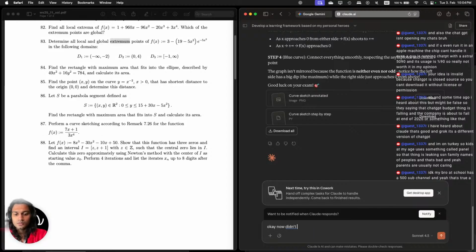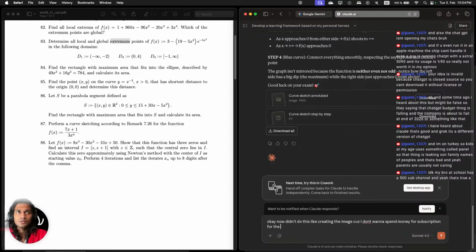Now don't do this like creating the image, because I don't wanna spend money for subscription. Just give me the Python program.